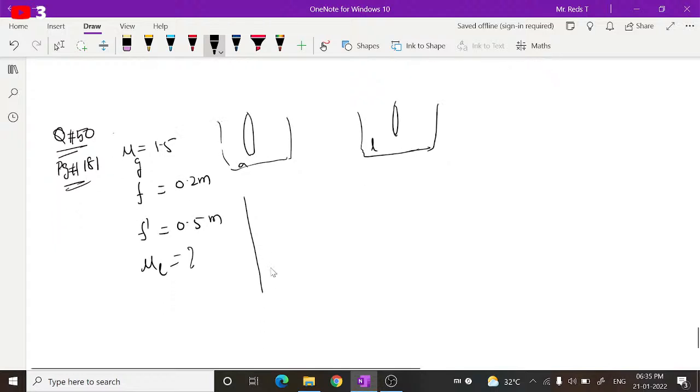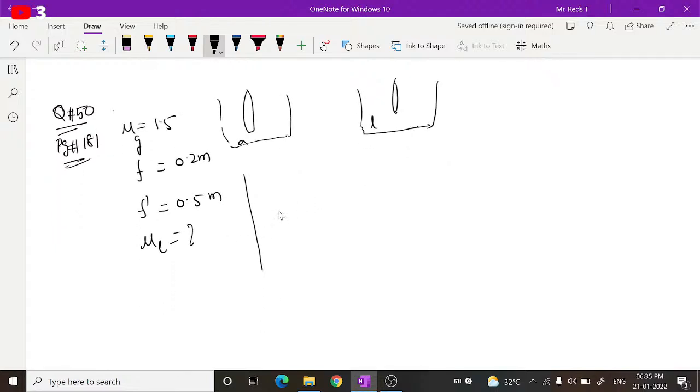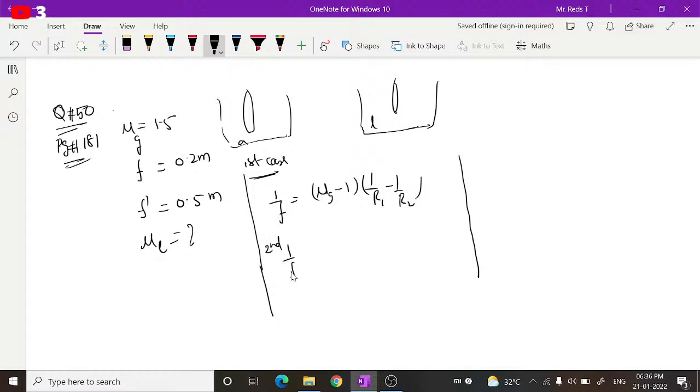According to Lensmaker's formula, first apply it for the first case: 1 by f is equal to mu minus 1 into 1 by r1 minus 1 by r2. When it is immersed in a liquid, 1 by f dash is equal to, here the refractive index of glass is with respect to air.